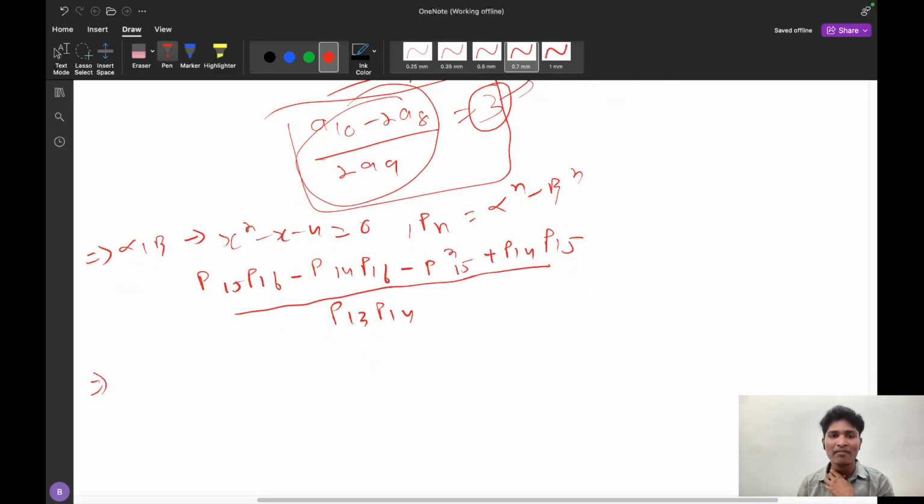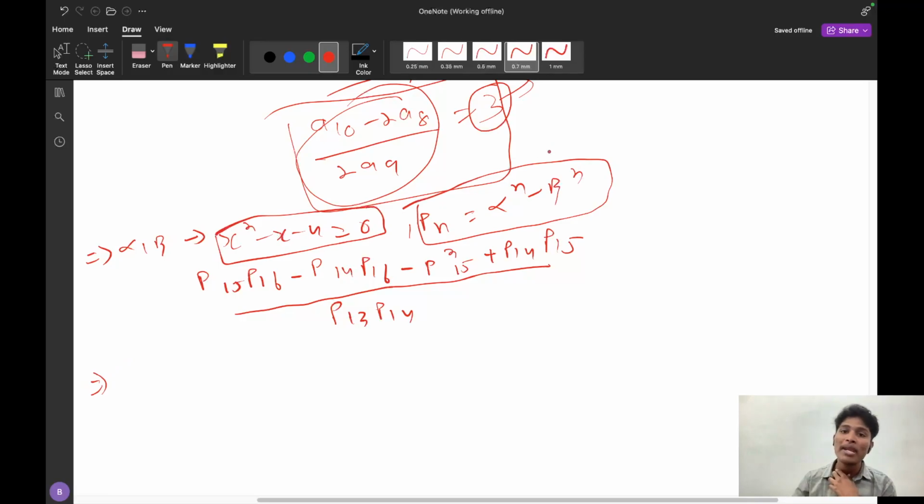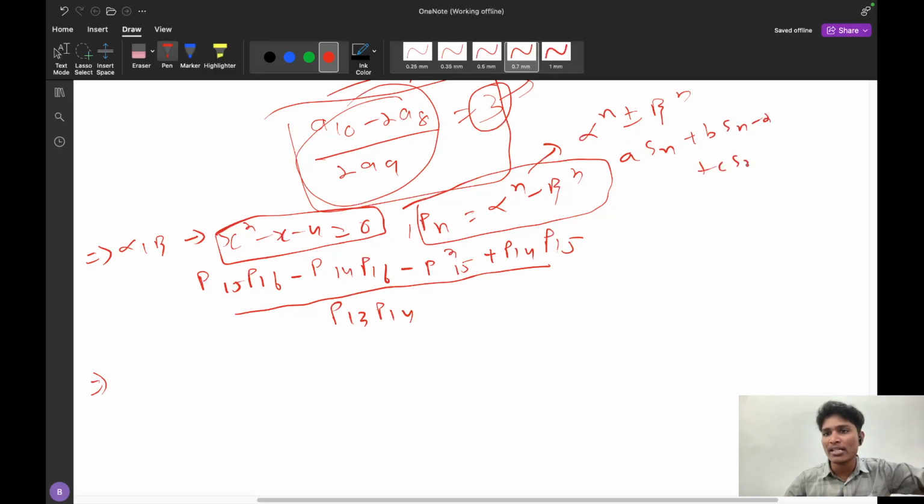Simply, again they gave one equation and said alpha beta are the roots, and they gave the Pn expression alpha power n minus beta power n. The Pn expression can be anything, alpha power n plus or minus beta power n. It can be plus, it can be minus, but it is valid. I can write a Sn plus b Sn minus 1 plus c Sn minus 2 equal to 0.